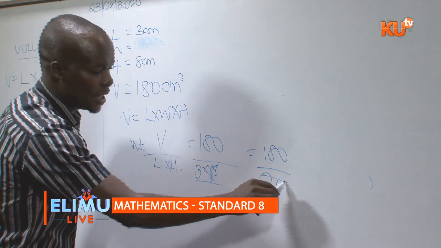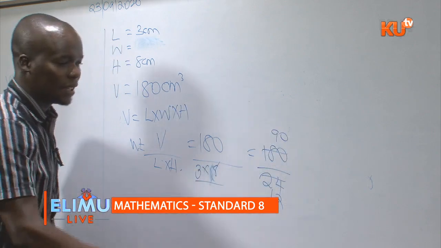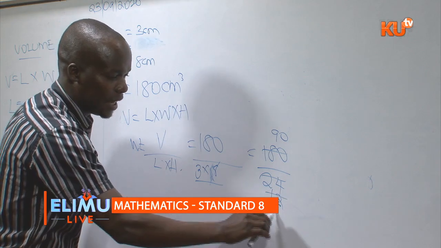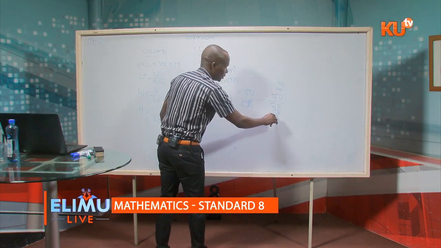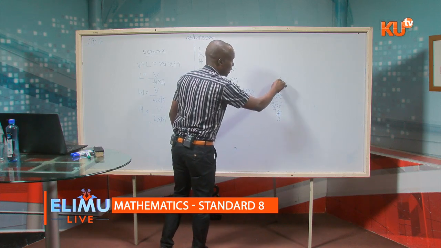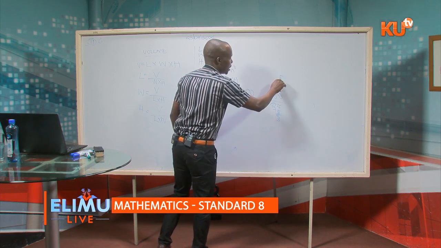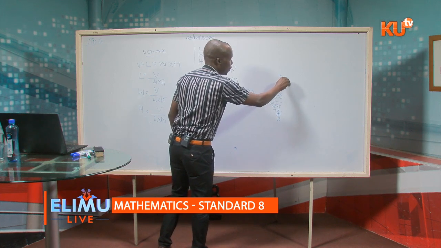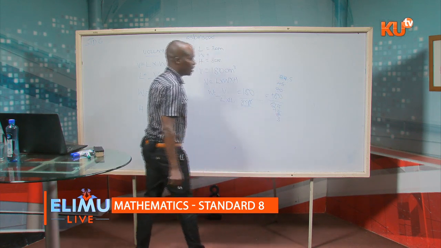We can start by 2 goes here, 12, and 2 goes here, 90. 2 goes here, 6, 2 goes here, 45. 2 goes here, 3, 2 goes here, now 22.5.